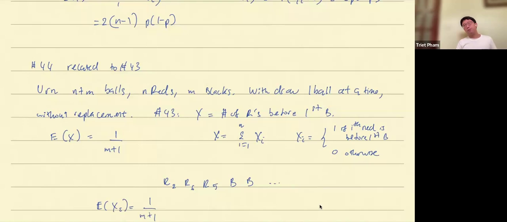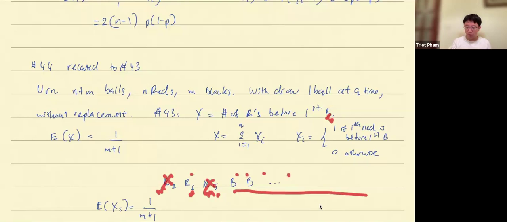Well, what's the reason? The reason is when you focus in on any particular red ball, and you're concerned about how it's compared to the blacks, then the other reds are irrelevant, right? You just look at the relative positioning of the red with the black themselves.